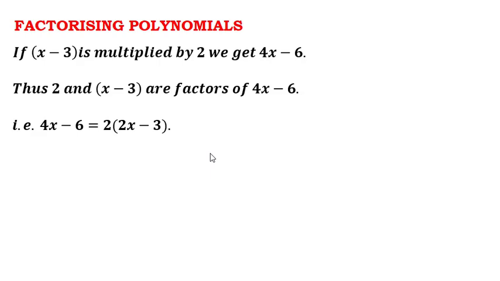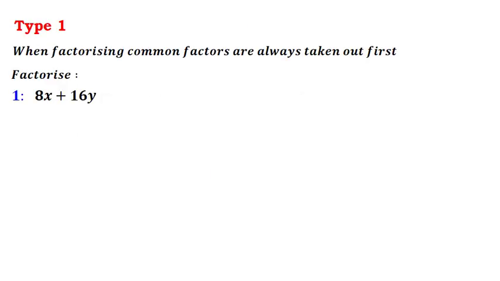Now let us solve some problems based on this concept. The first problem is 8x plus 16y. In these kinds of problems, we take the common factor. In 8x and 16y, first we see the numerical terms, which are 8 and 16. The common factor of 8 and 16 is 8, and in x and y nothing is common.